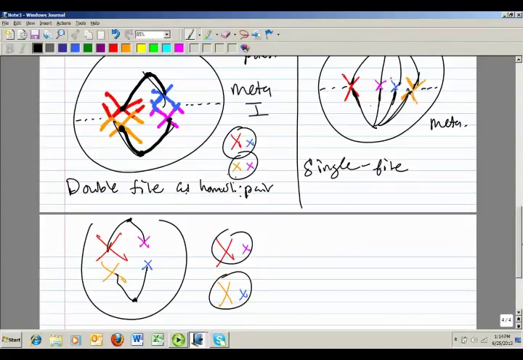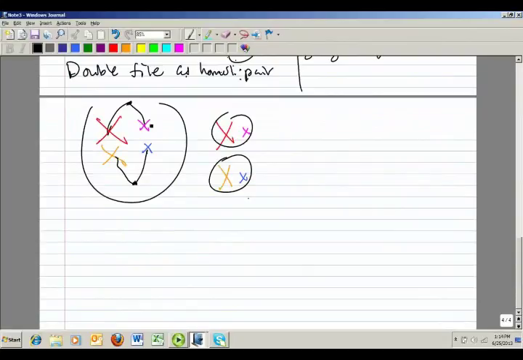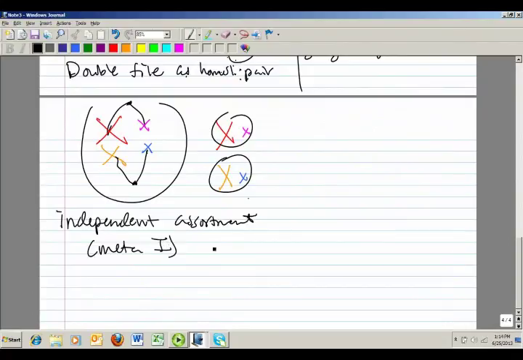Okay, so this event here of lining up, and you'll notice that the littles and the bigs don't influence each other's lining up. That's what we call independent assortment. That's in metaphase 1. It means they can line up, and I'll do it with genes, because that's really what we're looking at. So it could line up with genes like this, the same orientation.